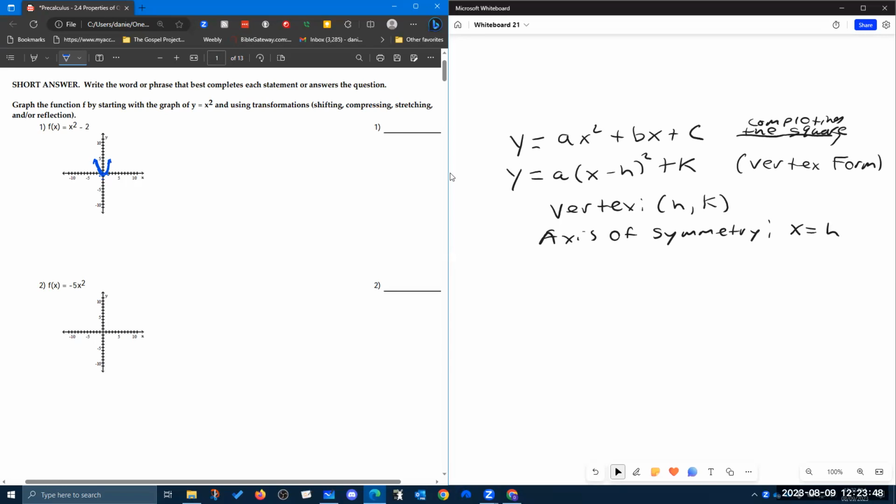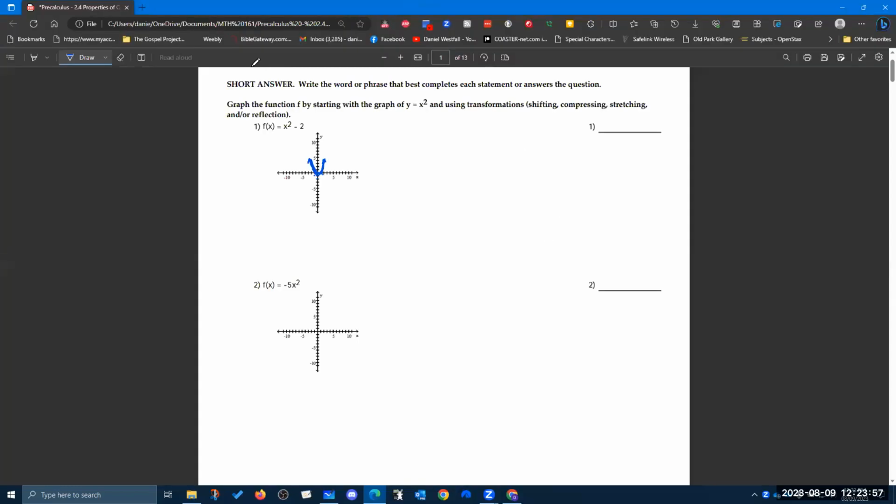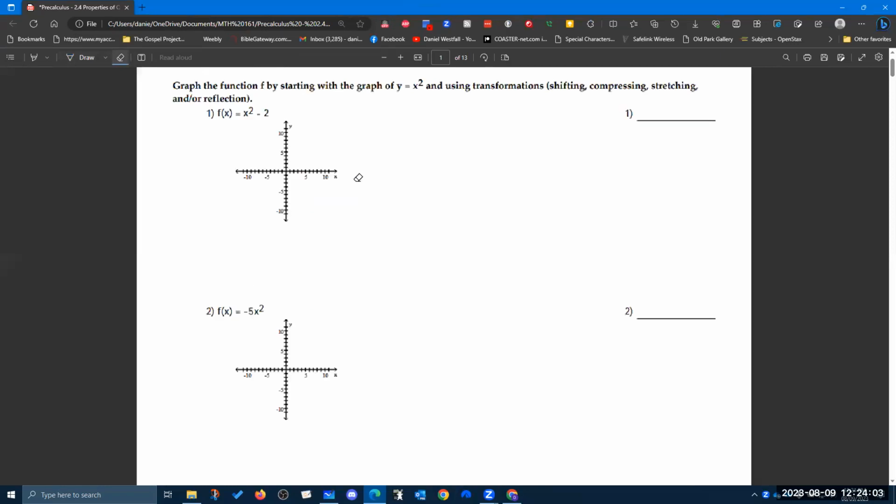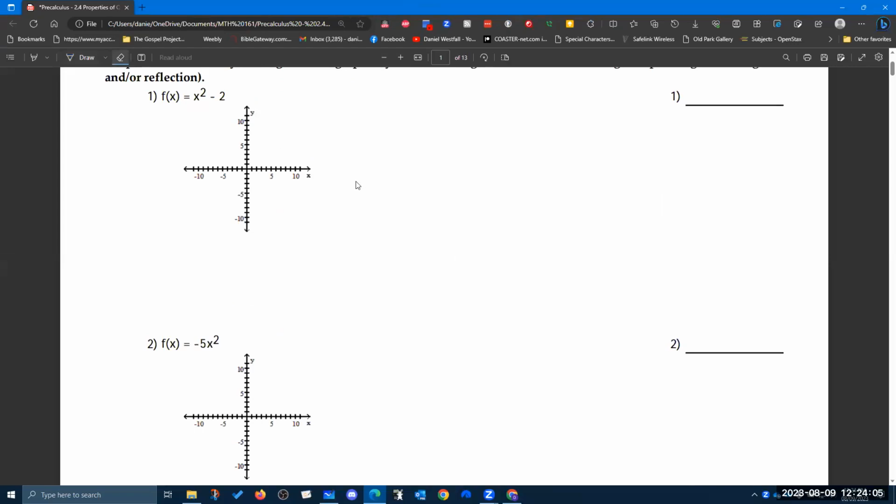That's just a sketch. If you want to get it better, let me try and get that a little better here for you. Zoom in a little bit better. So down 2, down 2, down 2.